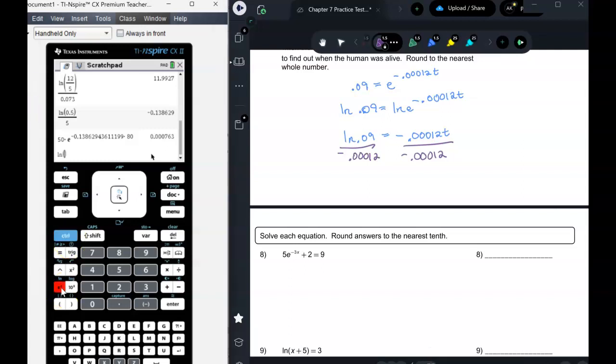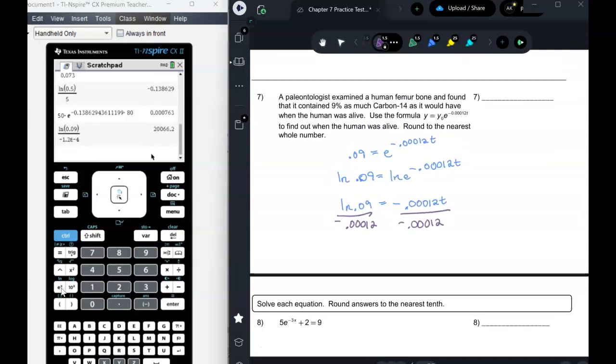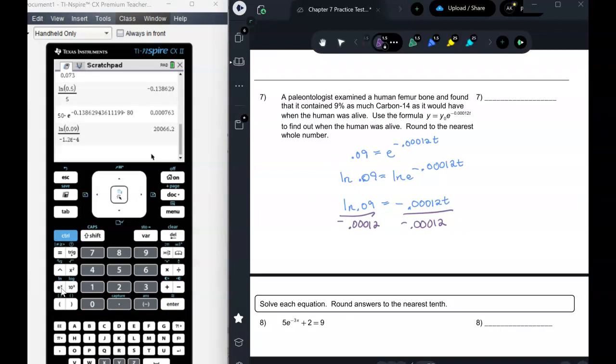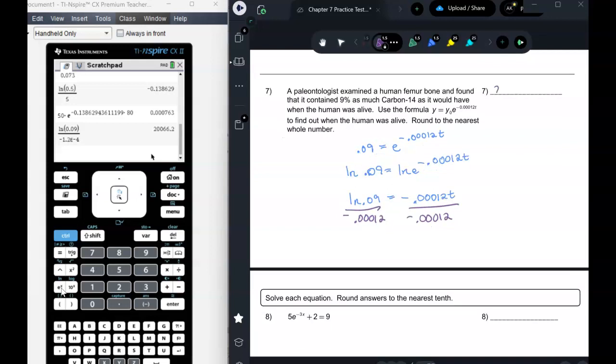You're going to have a natural log that you're dividing by. Okay, so it's going to come out to 20,066 years.